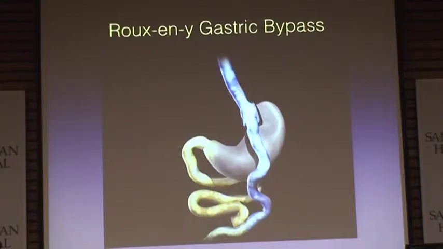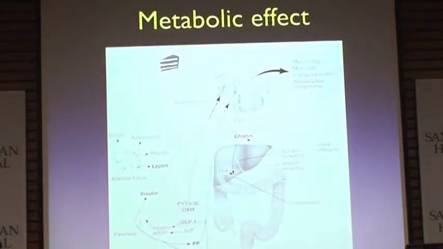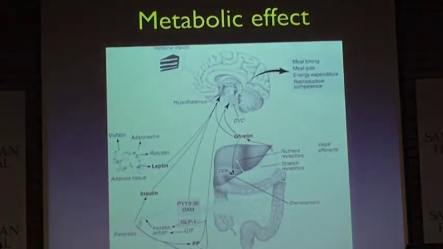And we really didn't know anything beyond that back in the day. In the 1960s, when this operation was designed, it was thought to be essentially a mechanical restriction of the food intake and some interference with absorption. Now, fast forward many decades, we now have a better understanding of what that operation did or does.